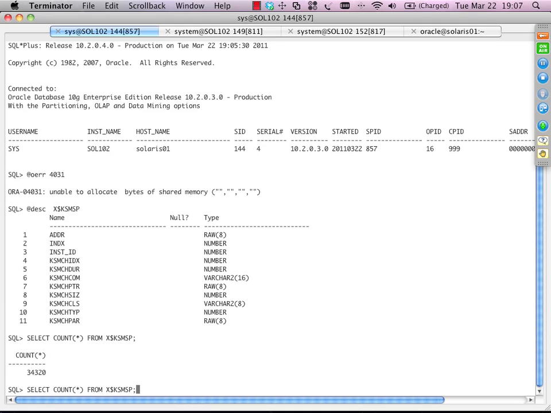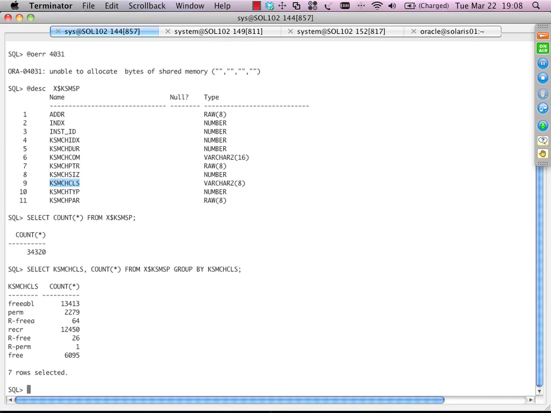What I would really want to know is, are these chunks free, or are they used for something? So luckily there is a column called class. KSMCHCLS means kernel service memory chunk class.